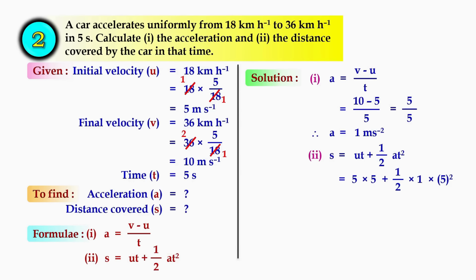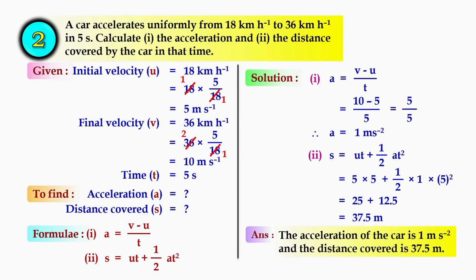Substituting the values, we get 5 multiplied by 5 plus half multiplied by 1 multiplied by 5 squared. 5 multiplied by 5 equals 25. Half multiplied by 1 multiplied by 25 equals 12.5. Adding these values gives 37.5 meters. Therefore, the acceleration of the car is 1 meter per second squared and the distance covered is 37.5 meters.